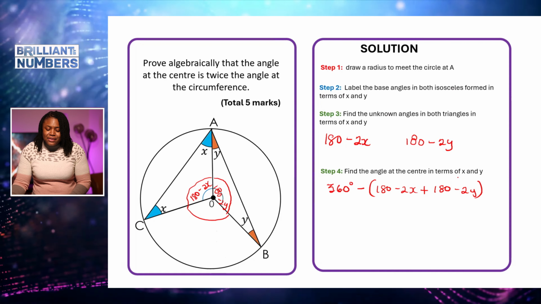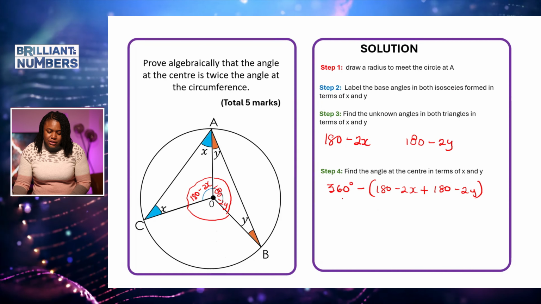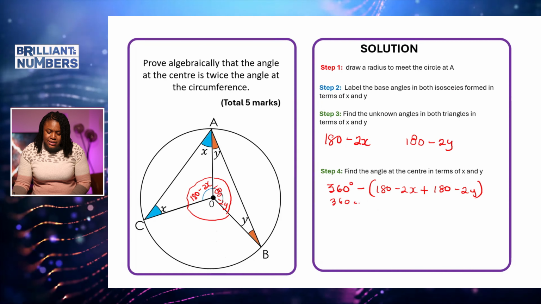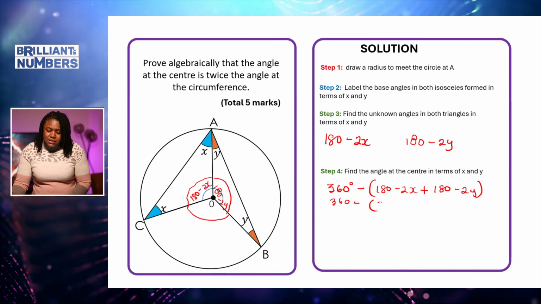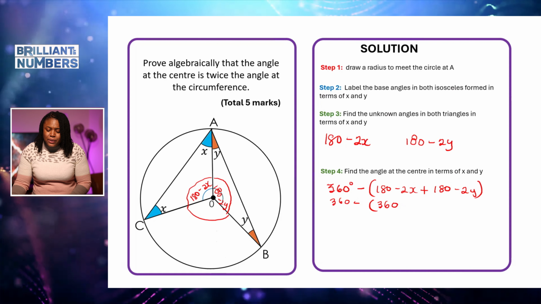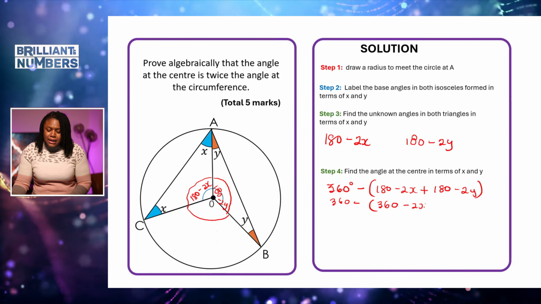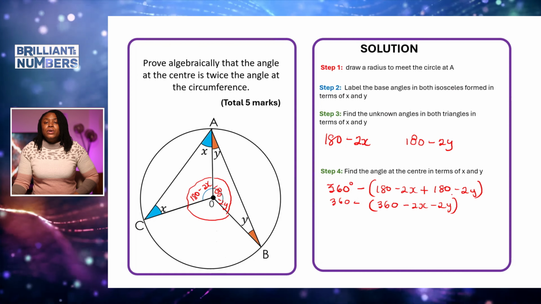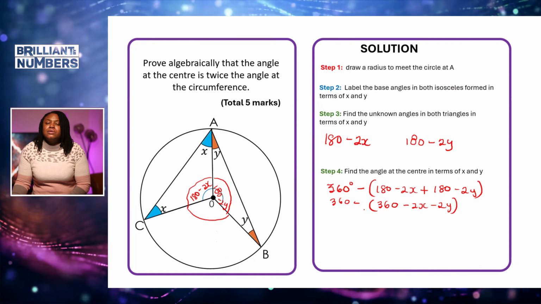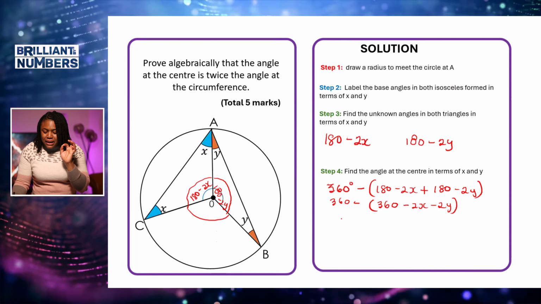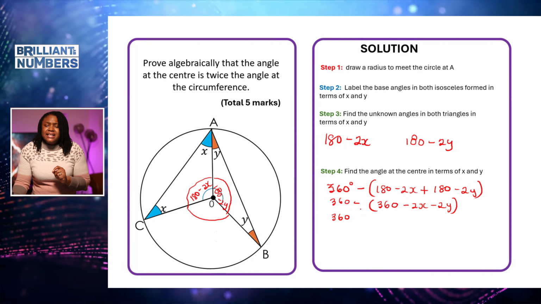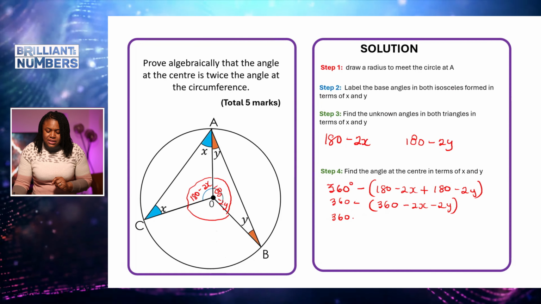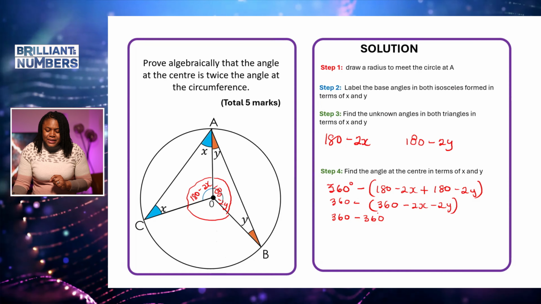We're going to simplify the bracket first and then expand it. So it's going to be 360 take away 180 plus 180 in bracket, which is 360, and then we will have minus 2x and minus 2y. We then use the negative on the outside of the bracket to expand the bracket. So we've got 360 minus, indicating minus 1 times 360 is minus 360.